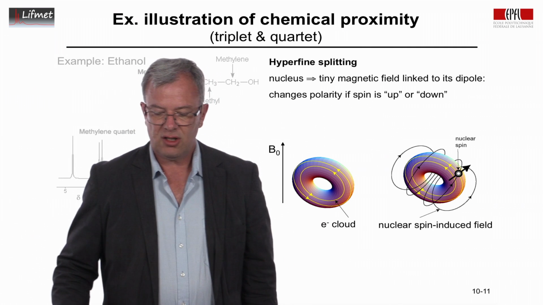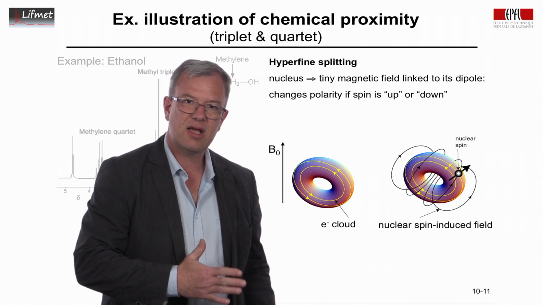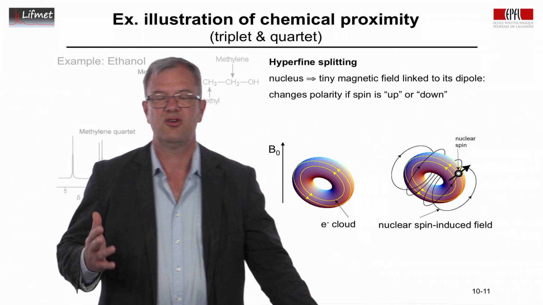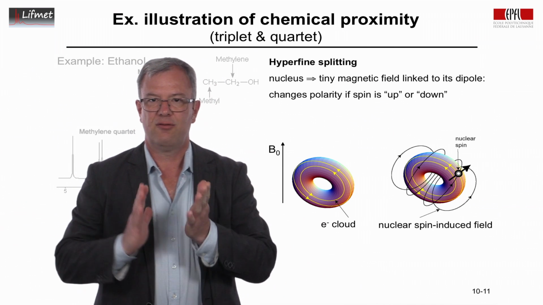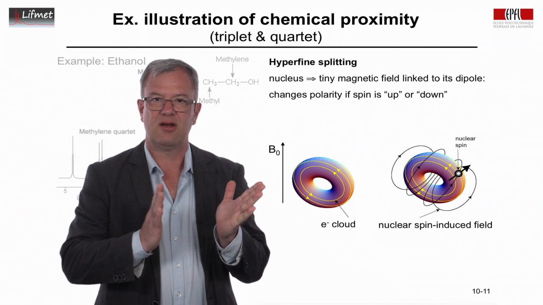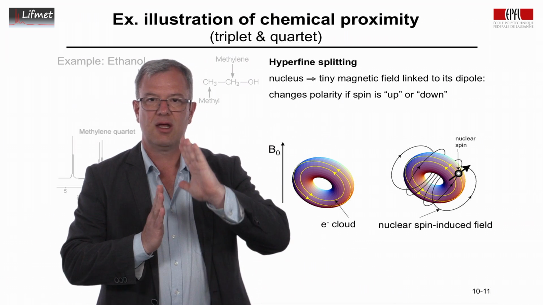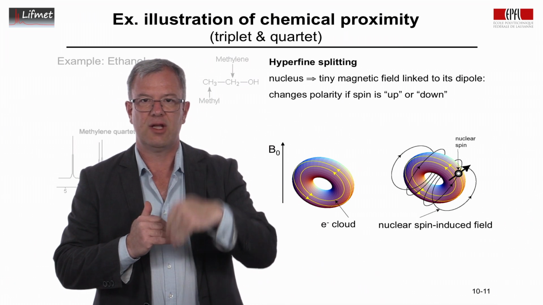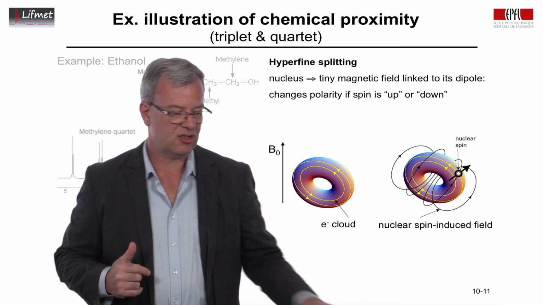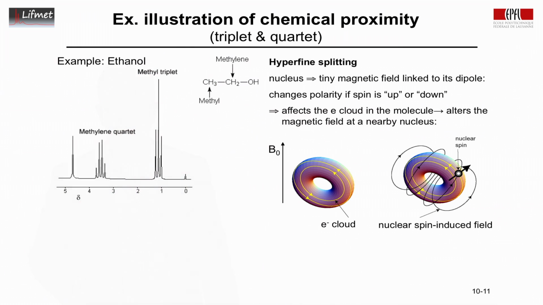This additional tiny magnetic field linked to the dipole of the nucleus, for a spin 1/2 nucleus like hydrogen, like the proton, is either oriented up or down, so this changes polarity. And this will affect the electron cloud in the molecule and therefore alter the magnetic field at a nearby nucleus.